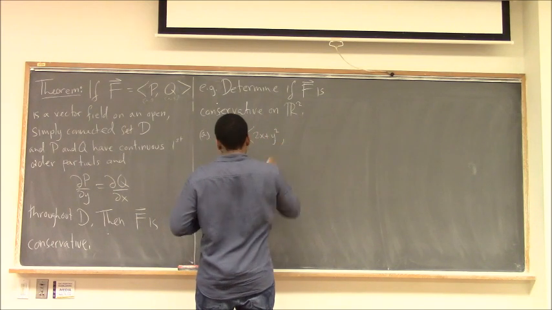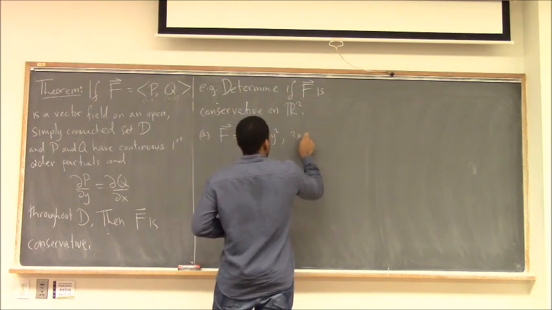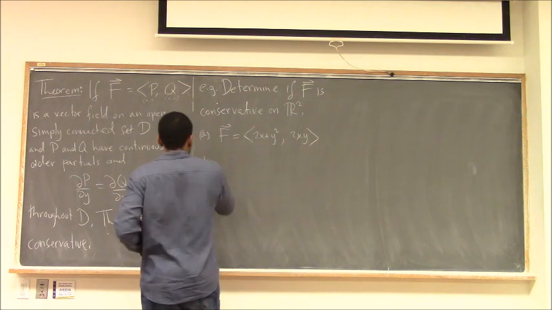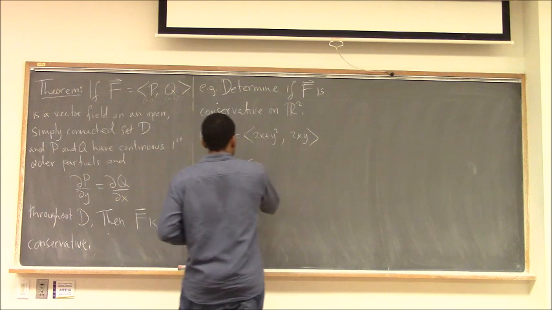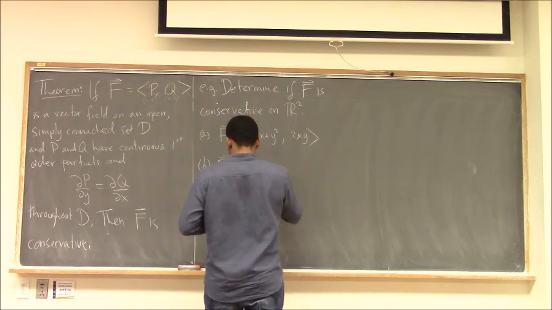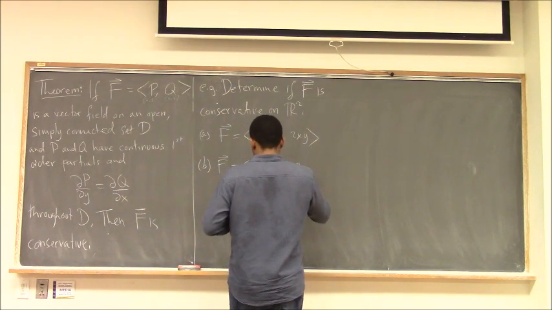A: f is equal to 2x plus y squared, 2xy. B: f is equal to 3xy plus y squared, x squared plus xy.